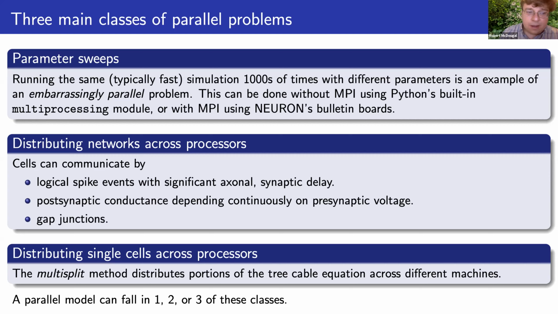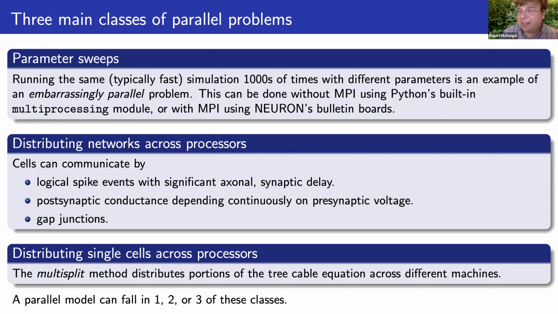Alternatively, however, they may communicate via postsynaptic conductance that depends continuously on presynaptic voltage. So a continuous process as opposed to a process that involves delays. This is obviously going to involve much more communication between compute nodes. They may communicate via gap junctions.